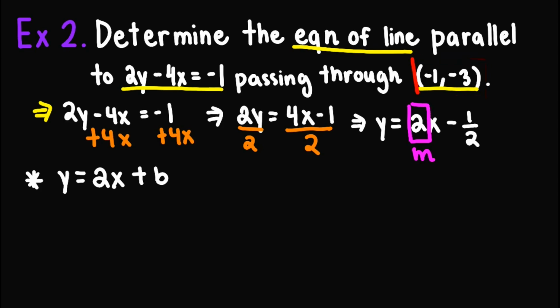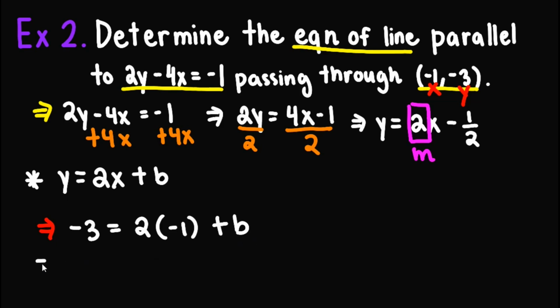So what we do is we simply plug in the given point into this one. We have this to be the x value and this to be the y. So we'll have here -3 equals 2 times -1 plus b. This simplifies to -3 equals -2 plus b.